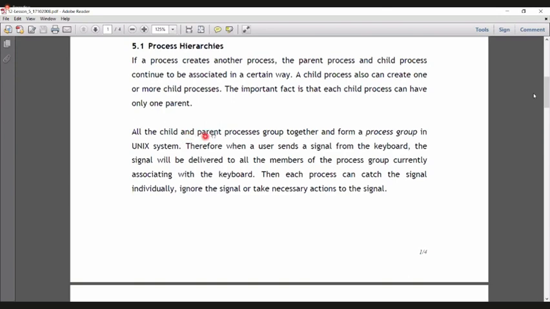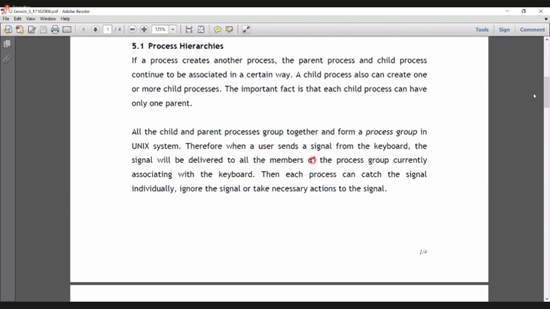Now all the child and parent processes group together and form a process group in a Unix system. So in the Unix operating system, there is something called a process group. It's the collection of all child and parent processes.